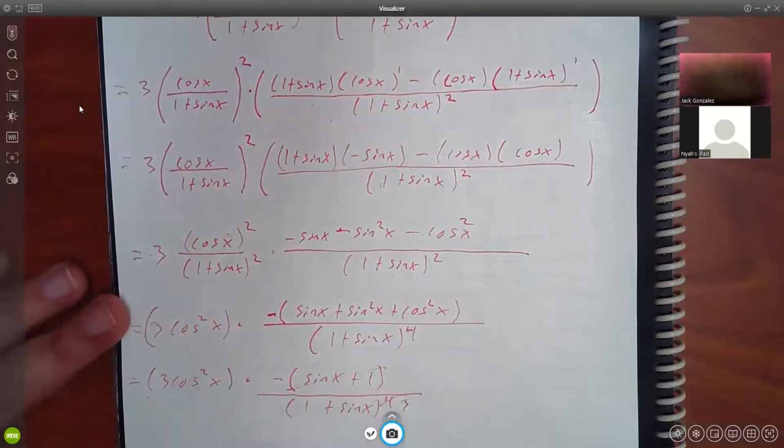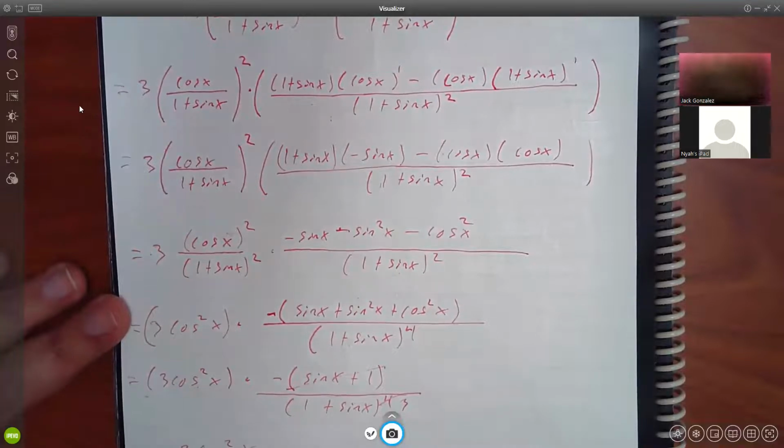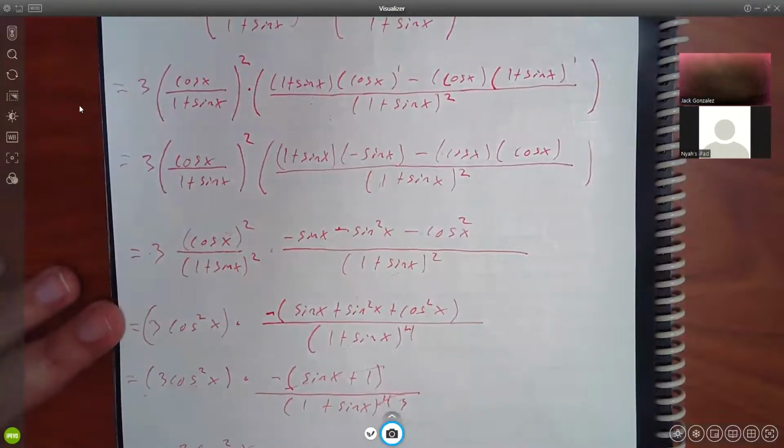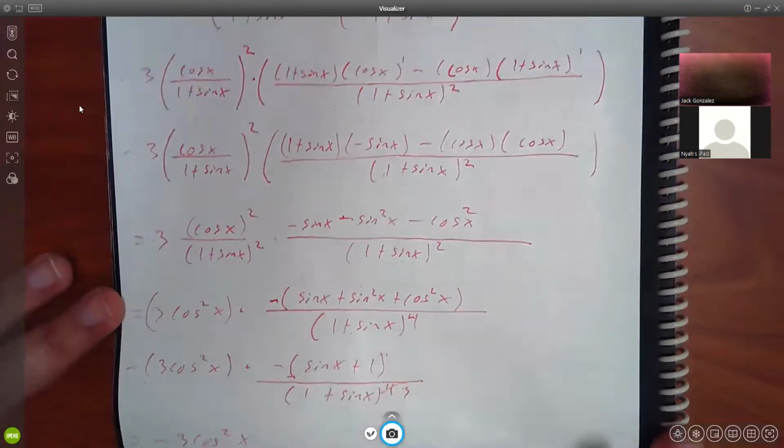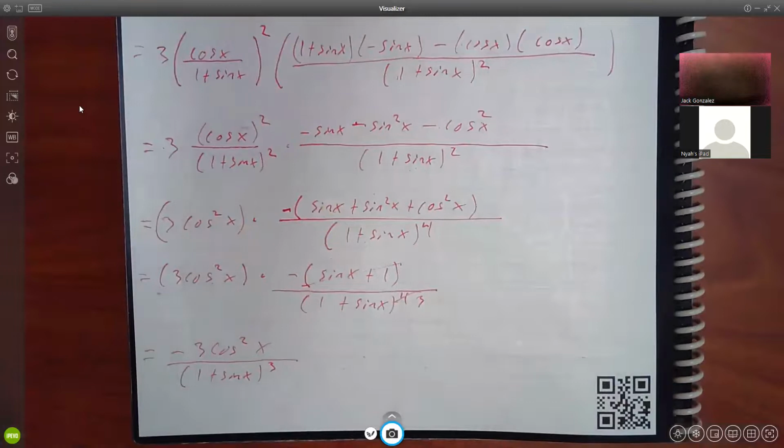Finally, we get negative 3 cosine squared over 1 plus sine. Give you some mathematics, polish a little more.